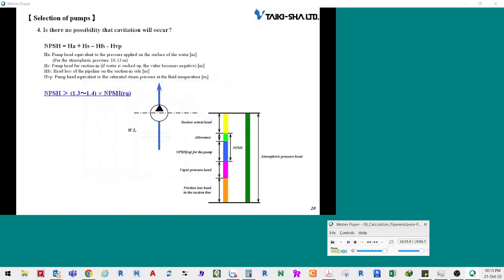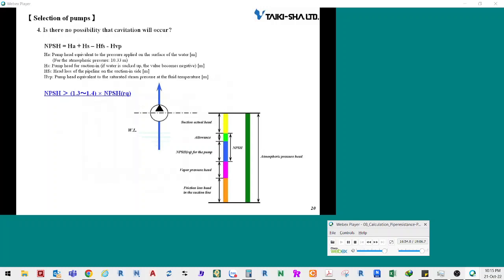Four, is there no possibility that cavitation will occur? When the static pressure of some of the fluid becomes equal to or lower than the vapor pressure corresponding to the fluid temperature at that time, the fluid is vaporized locally to generate air bubbles. This phenomenon is called cavitation.